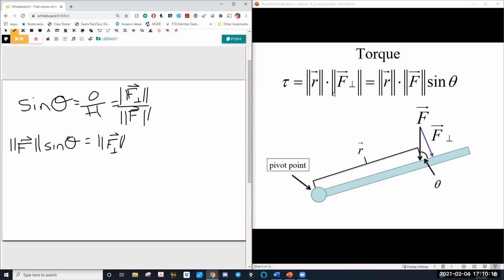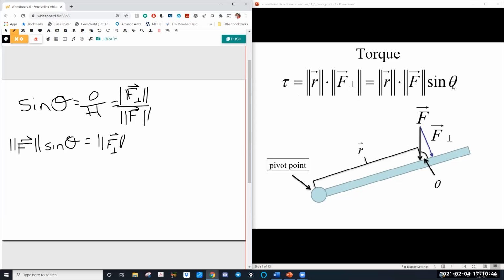Dot product is reserved for vectors. So that's why we know this dot is just multiplication. So what we would want to do is multiply the distance from the pivot times the perpendicular component of F, which we now know is the magnitude of F times sine theta. This is our geometric definition of the cross product.